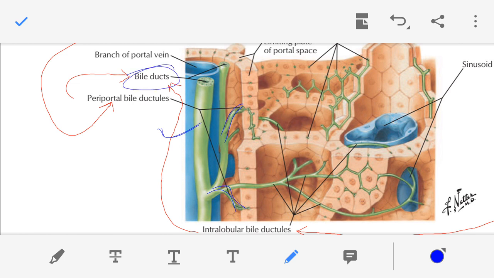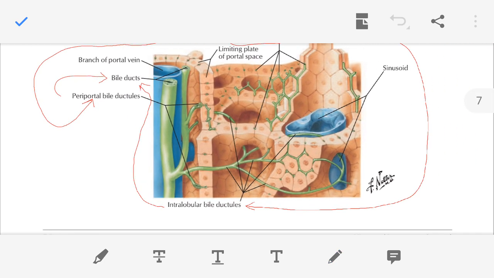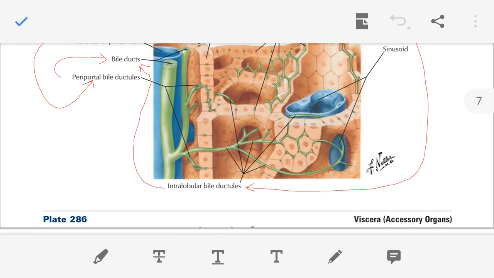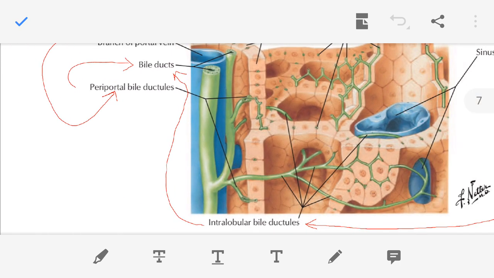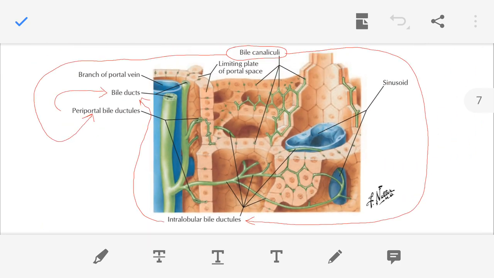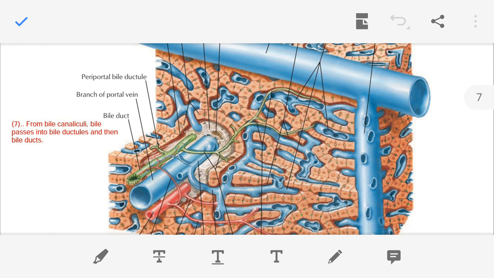So this one is the bile duct and this one is the bile duct. So bile canaliculi open into bile ductules, bile ductules open into the bile ducts. So this was the 7th point.